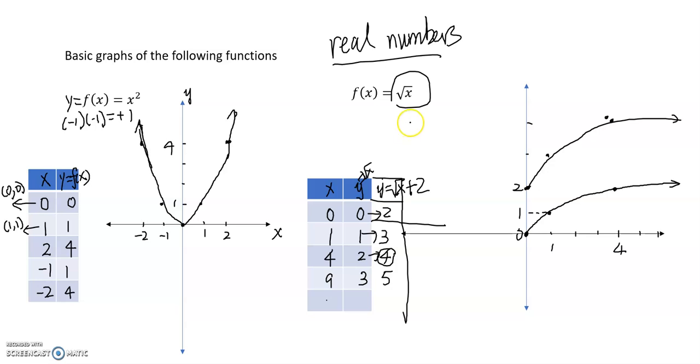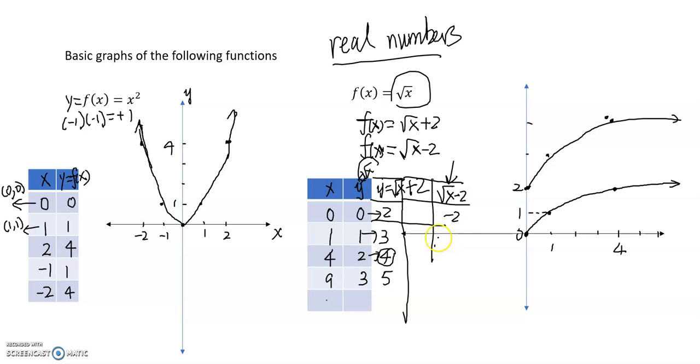And similarly, what I just did is for the function of square root of x plus 2, but if I shifted it down to square root of x minus 2, for every y value that I got, because this column is for the value of square root of x, I'm going to subtract 2 from it.